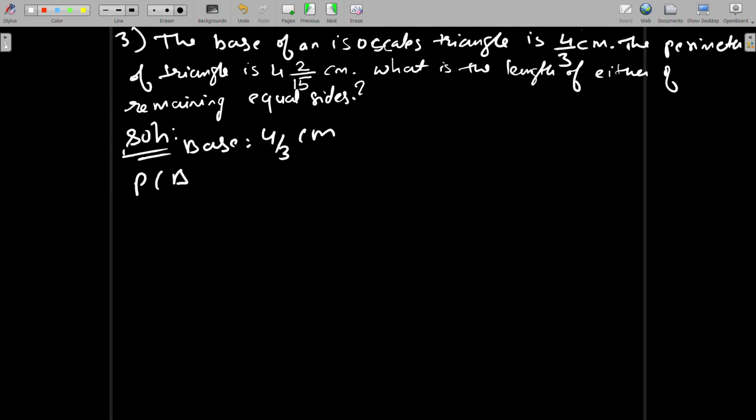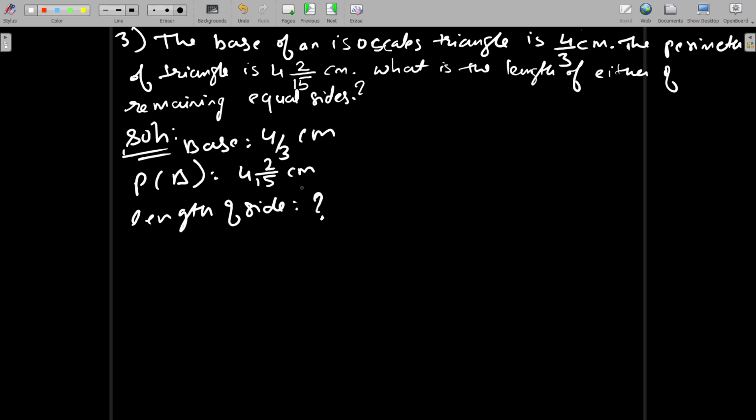Perimeter of triangle is equal to 4, 2 by 15 centimeter. What we have to find is the length of either of the remaining equal sides. Length of sides is equal to what? We have to find the length, right?